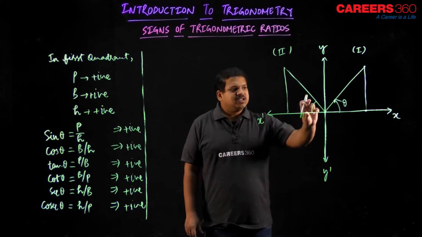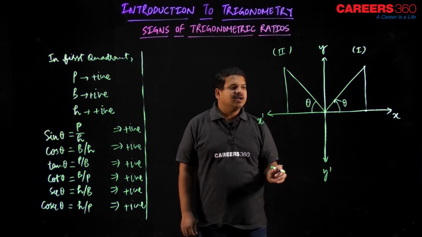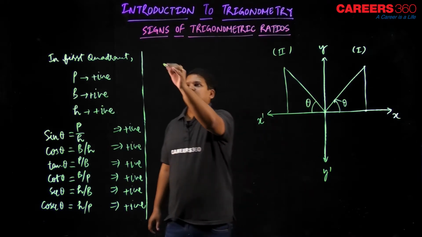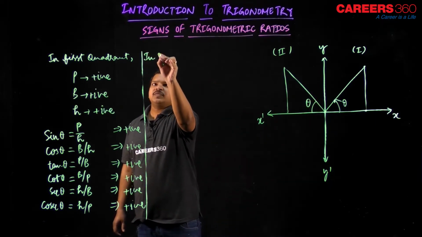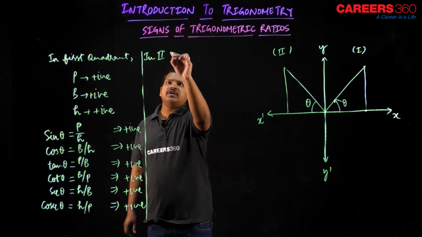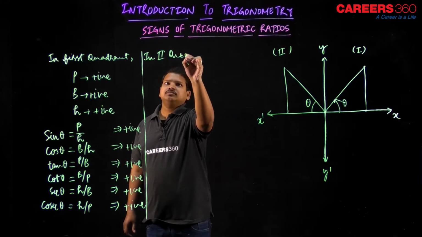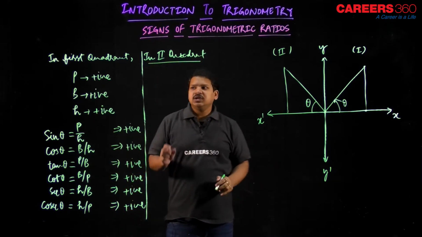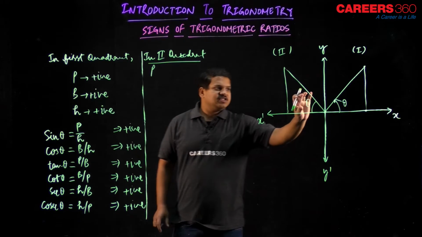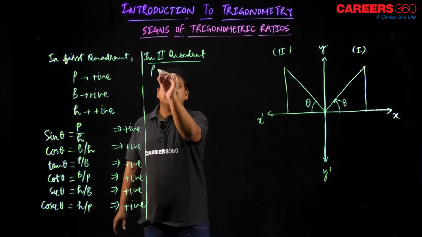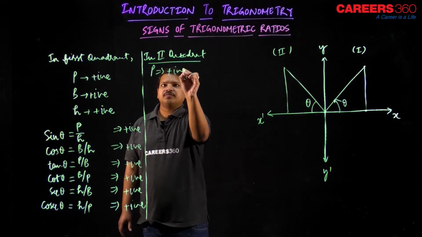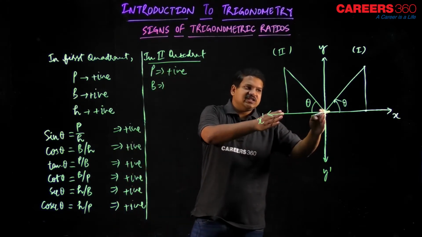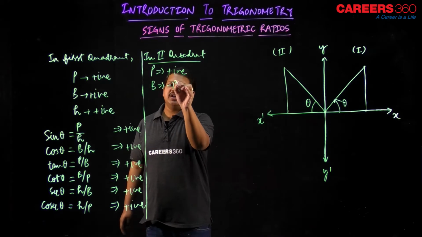As you can see, in the second quadrant, if this is a theta, then obviously perpendicular is positive, and base in this case will be negative.